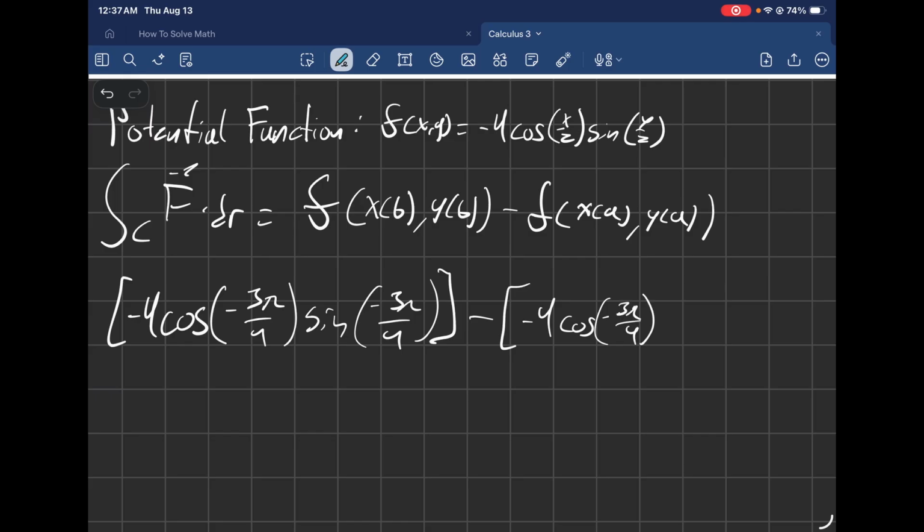And since for our starting point the input was positive, let's make sure we keep that in mind. So sine of 3 pi over 4.